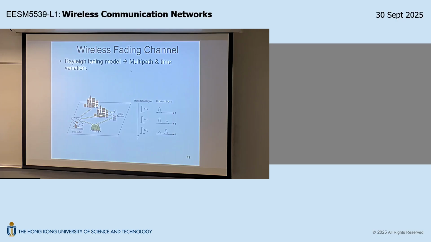So how long is the lambda? If your carrier frequency is 2 gigahertz, the wavelength is like 15 centimeters. So half wavelength is just like 7.5 centimeters. So how long does it take you to move 7.5 centimeters? Then it will be in the order of milliseconds, right? Okay. So this process will be a fast process.